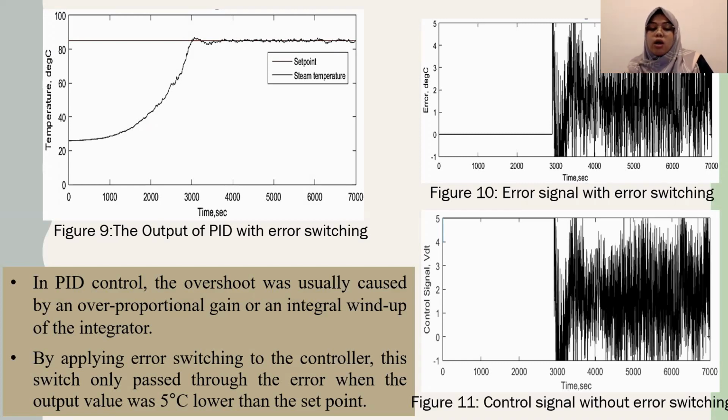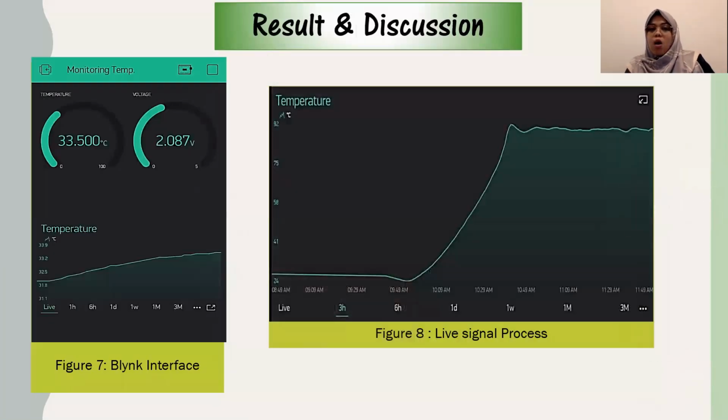That's why we have this error switching installed, to make sure that the temperature equals the desired temperature that we already set up. So this is the purpose of the error switching. You can see the output of PID with error switching is quite the same as the one that we have in our phone in the Blynk application in figure 8.